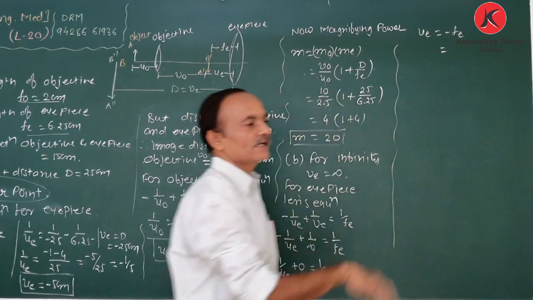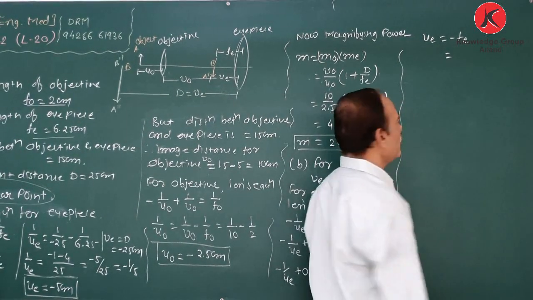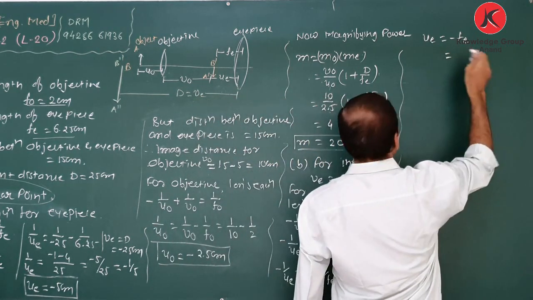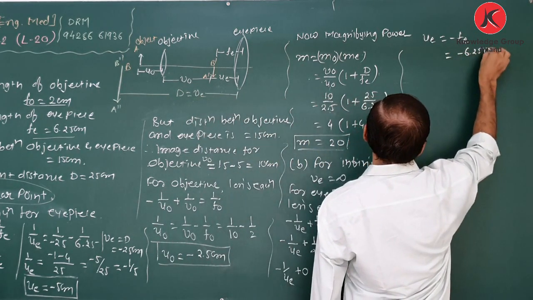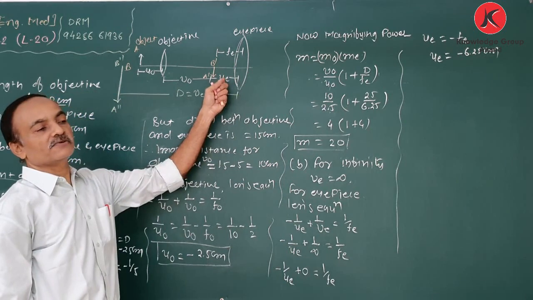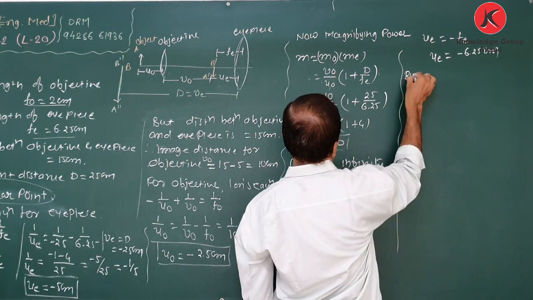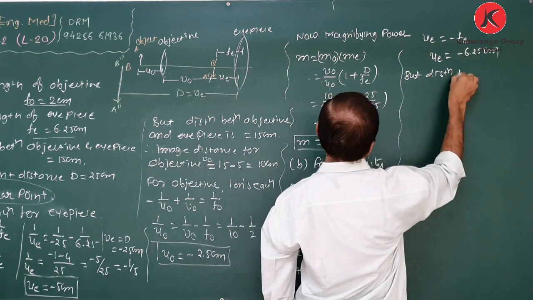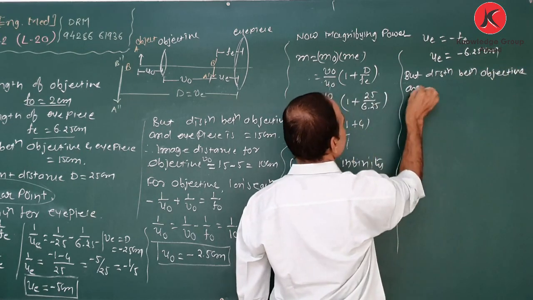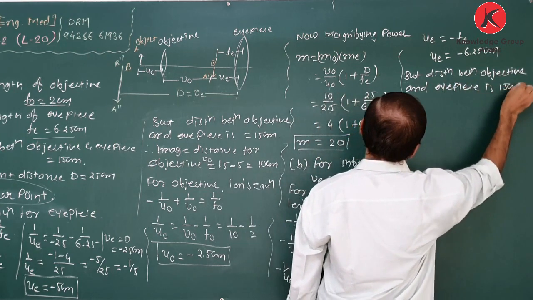Now, FE, the focal length of the eyepiece, is given, that is 6.25 centimeter. So UE is minus 6.25 centimeter, the object distance for the eyepiece. But the distance between objective and eyepiece is 15 centimeter.